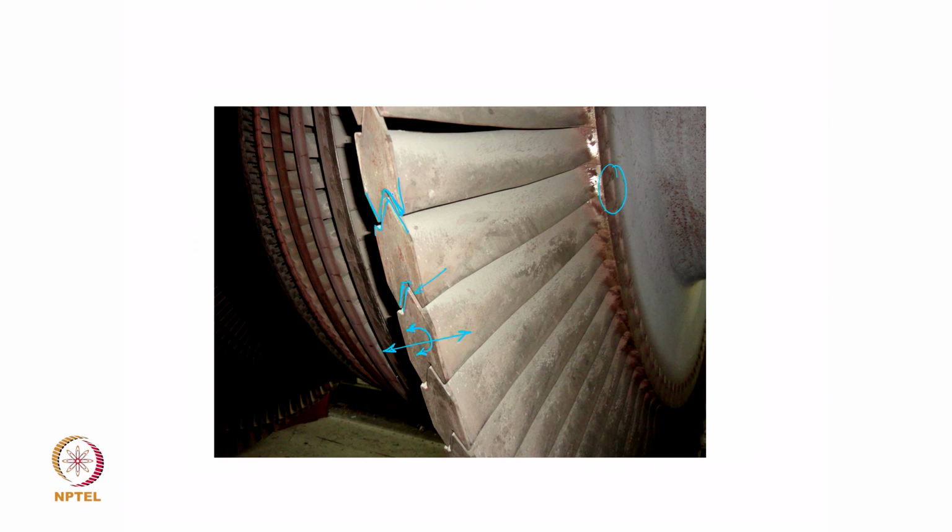Okay. So, these are called the Z lock arrangement, and these tips of the blades are designed to generate friction damping, and that is how a substantial amount of vibration attenuation can be obtained.